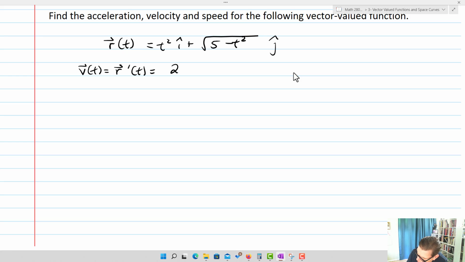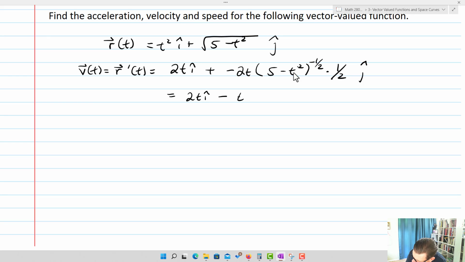That's going to be 2t i plus negative 2t times 5 minus t squared to the negative 1/2 times 1/2 j. Just simplifying that, we get 2t i minus t times 5 minus t squared to the negative 1/2 j.